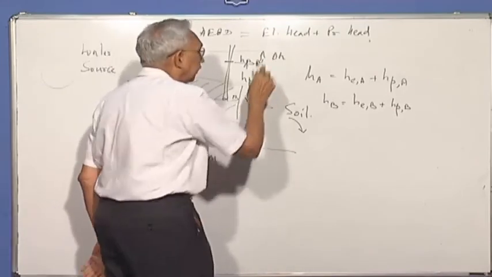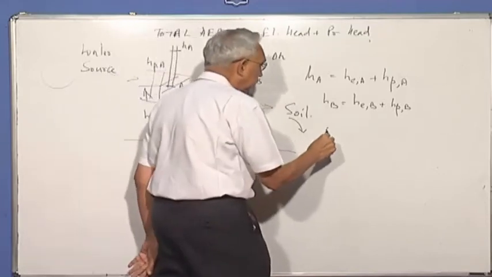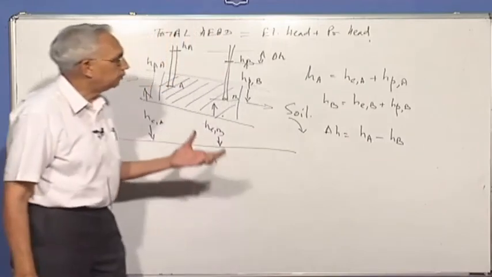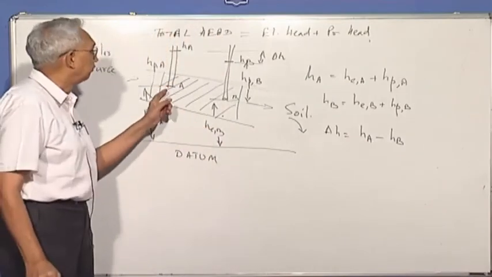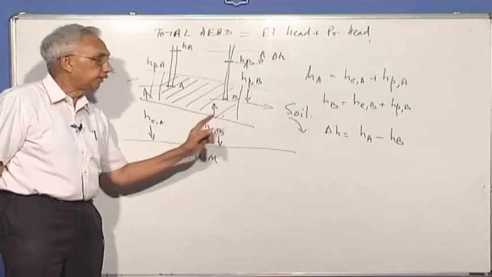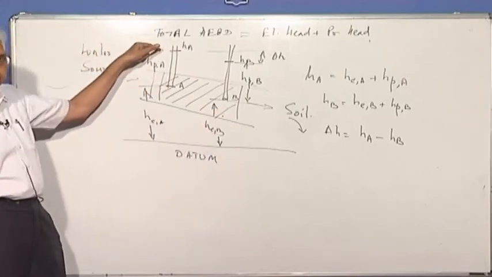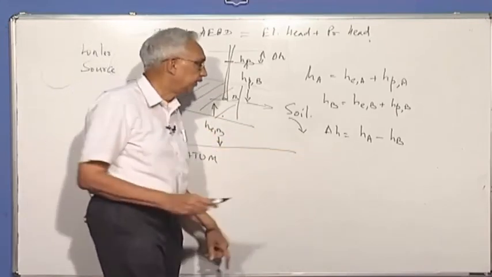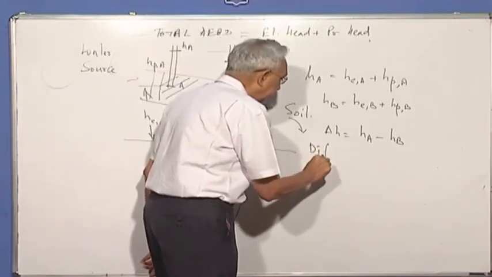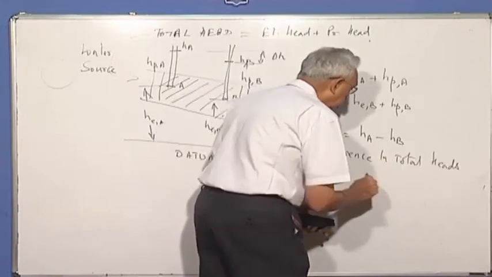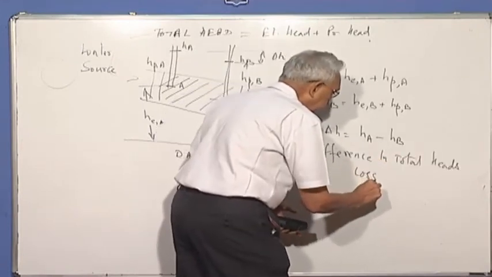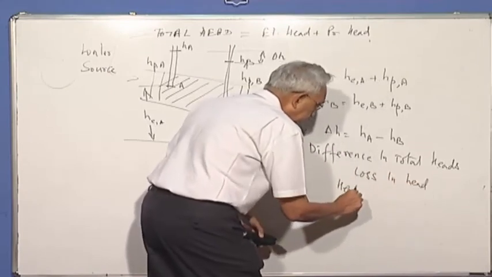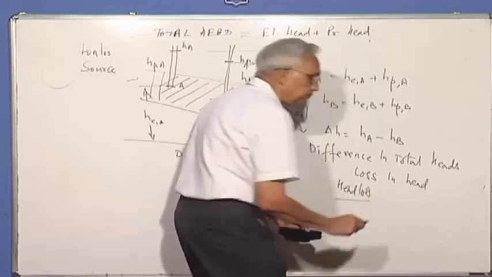We call it delta H, which is equal to HA minus HB. What does it mean? There is a loss in head from point A to point B. The total head has decreased from HA to HB. And what is the difference? It is called delta H. So can I say this is the difference in total heads, or we also use loss in head. In fluid mechanics or hydraulics, you say head loss. It's the same, all of them.